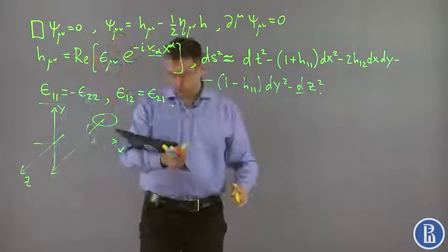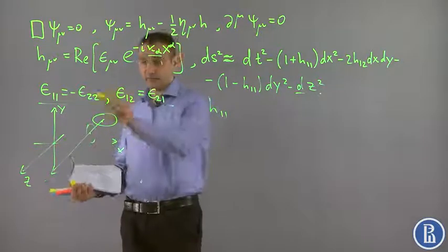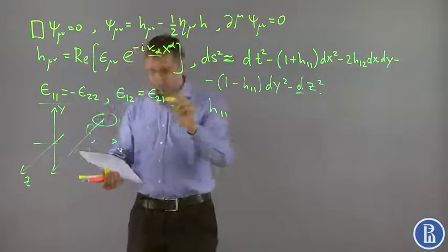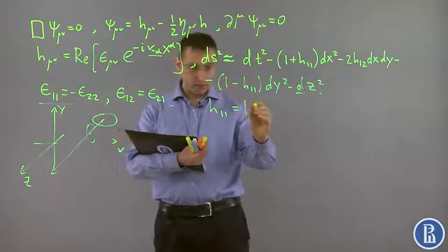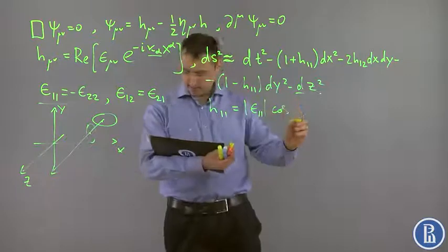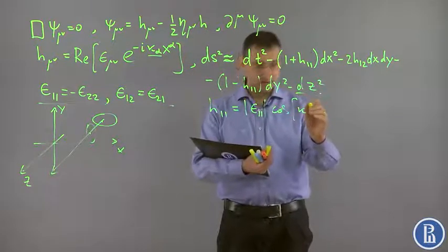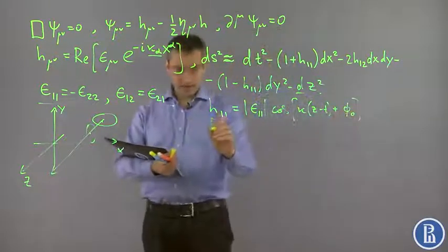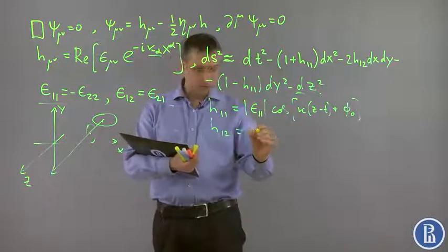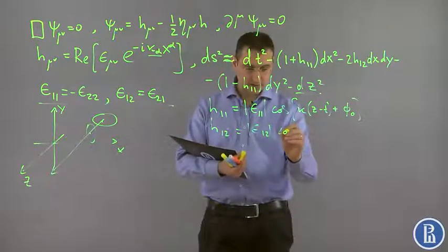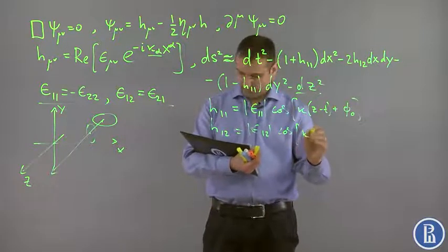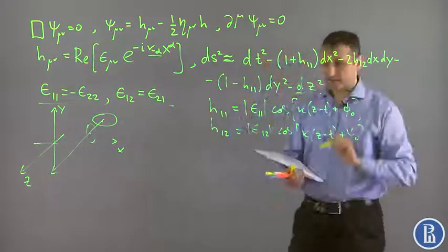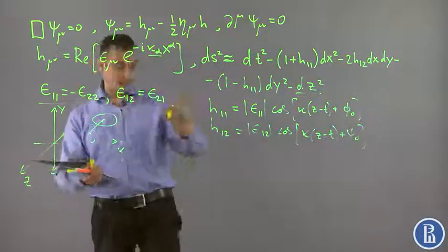The reason for that is the following. If we plug this here, and keep in mind that this guy is complex, then h11 is equal to the modulus of epsilon 11 times cosine of k times (z minus t) plus phi 0, and h12 is the modulus of epsilon 12 times cosine of k times (z minus t) plus psi 0, where these are the initial phases which are hidden in these complex quantities.